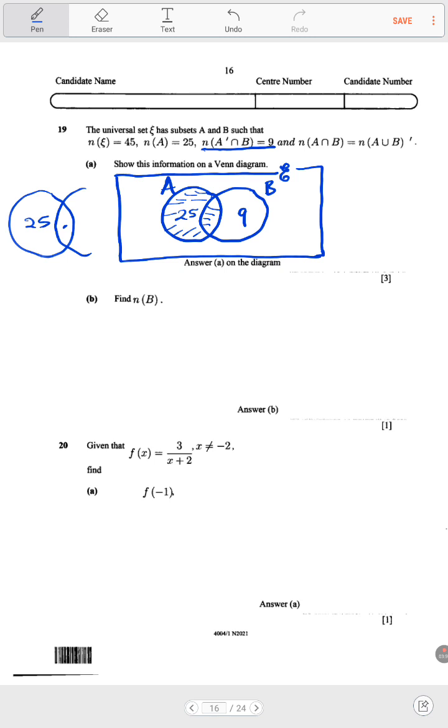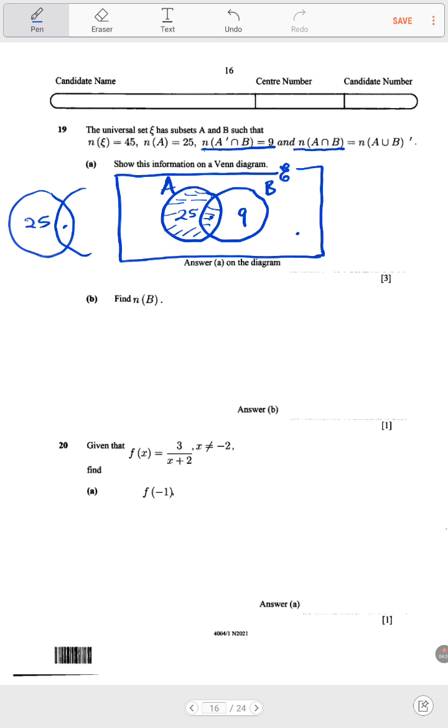But then the last part here says number of elements in the intersection, which is this part here, is equal to the number of elements inside that part. But okay, if we now know everything inside set A union B is 25 and 9, what is outside that?